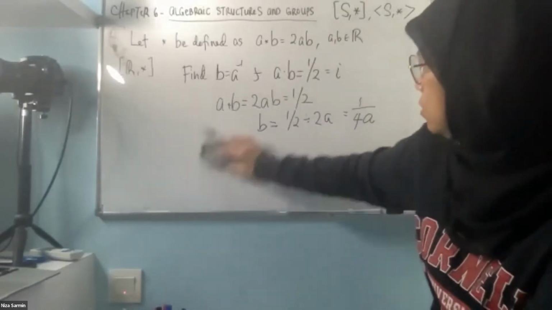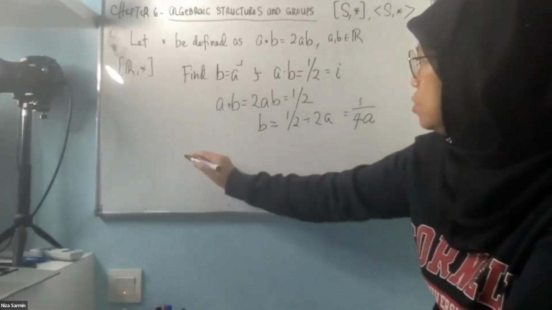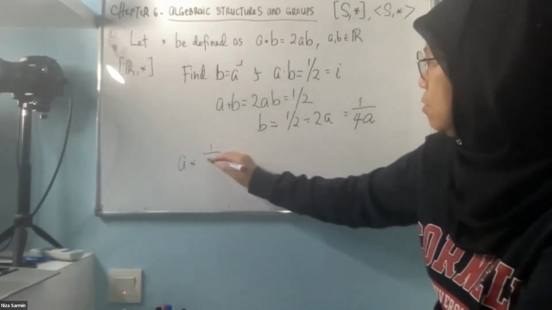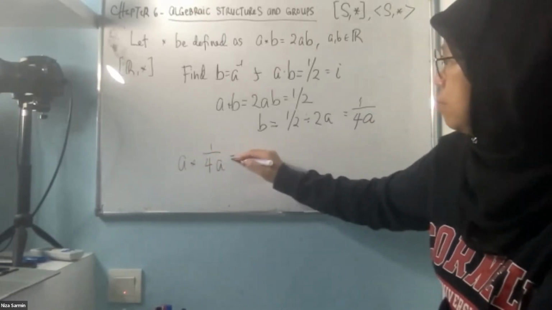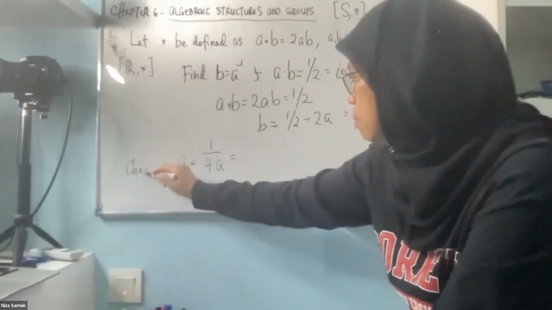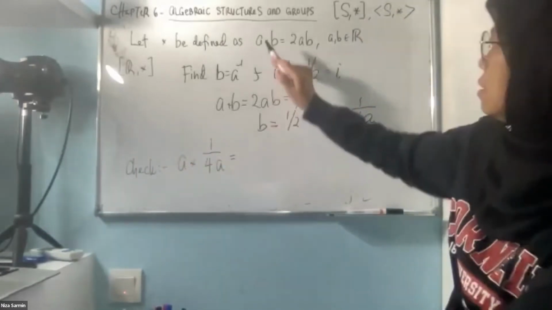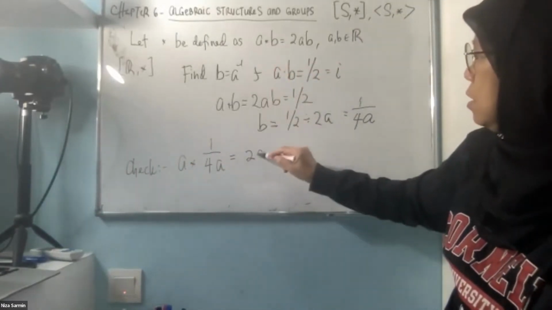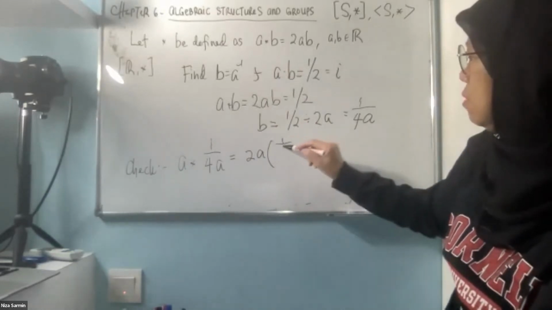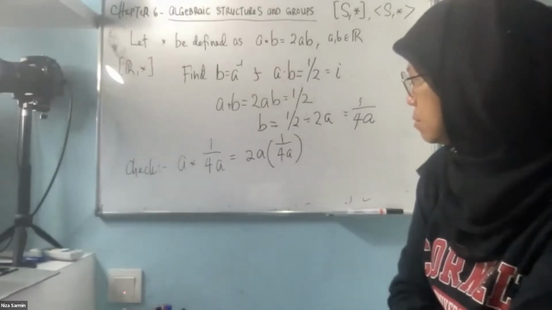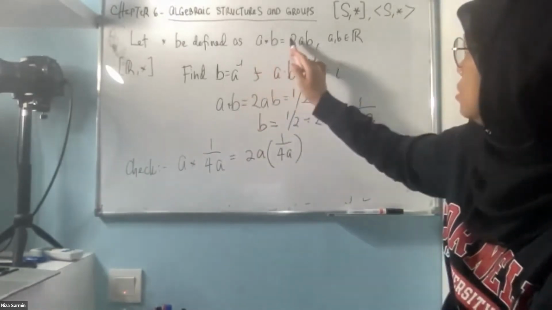Try lah kalau tak sure. So A star 1/4A, check ya. A star 1/4A is 2A times 1/4A. A star B is 2AB.